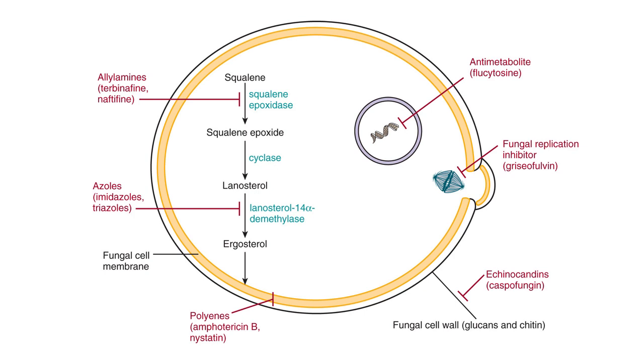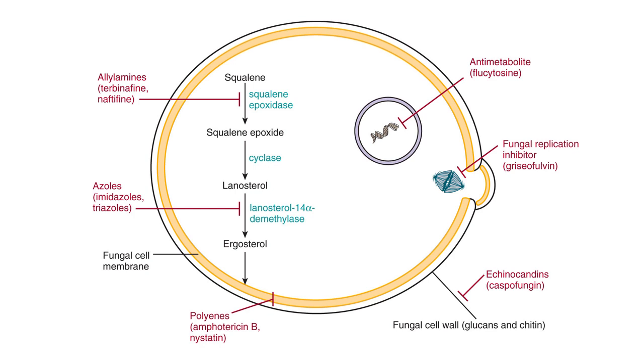Okay, we can also target the cell membrane of these fungi by the utilization of polyenes. So polyenes create holes in the cell membrane of these fungi, and when the holes are present, extracellular fluid will then enter the inside of the fungal cell, and this creates an increase in turgor in that fungal cell, which ultimately leads to fungal cell lysis.